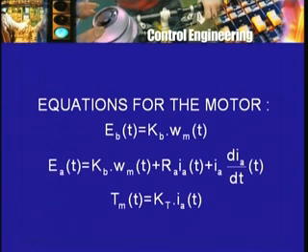The electrical equation for the winding, once again, because the current may be varying with time, will be Ea of t equal to Kb into omega m of t, the back EMF term, plus Ra into ia of t, the armature drop term, plus La into the rate of change of armature current, the inductive effect of the armature winding.